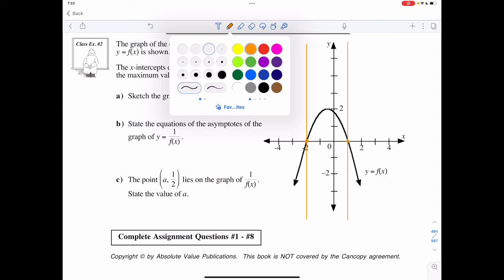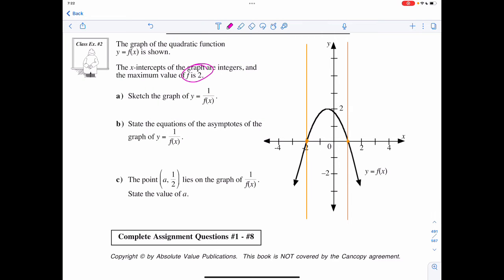I'm going to find where my original function was equal to either +1 or -1. And I'm going to take where the original maximum was 2 and do a reciprocal where it is 1/2.